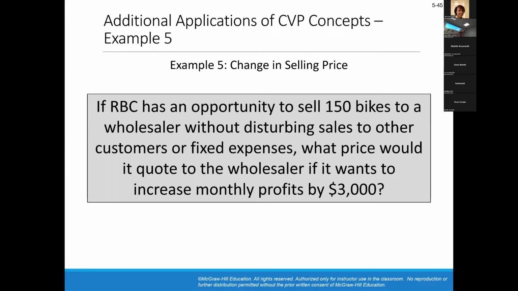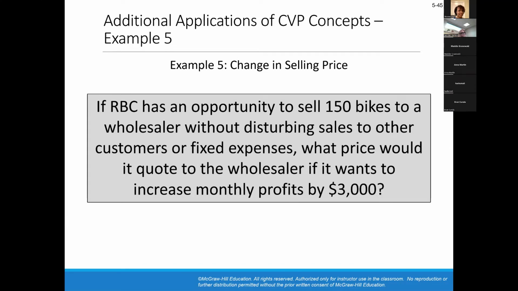All right. Now, this is what I was saying, that when you know what your contribution margin is, and you are covering your fixed expenses, you know that you have some profit, you may want to make a deal and sell additional units at a cheaper rate. So it's saying that they have an opportunity to sell 150 bikes to a wholesaler without disturbing sales to other customers or fixed expenses.